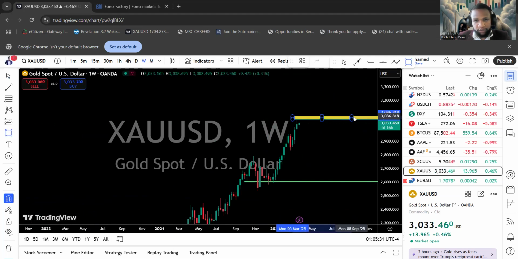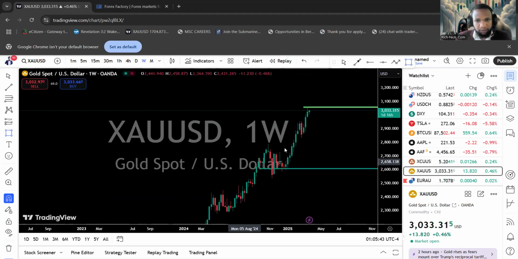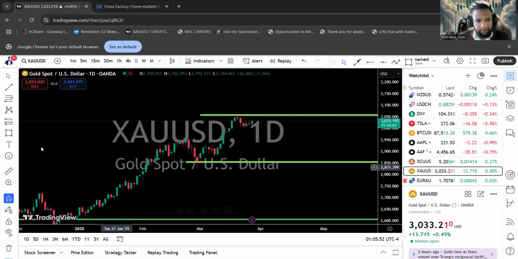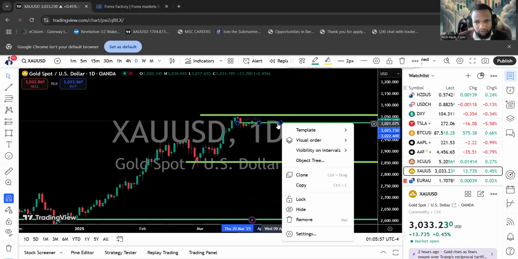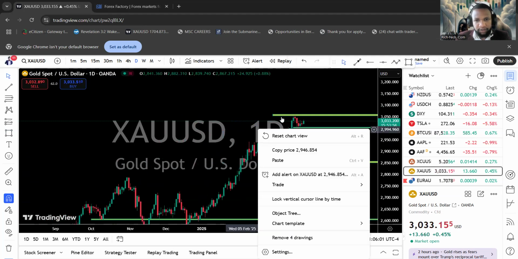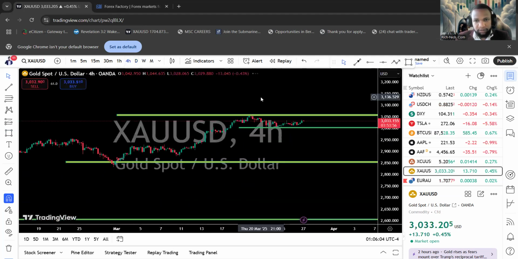Over here, weekly, we have last week's candle a bit higher than this week's candle. So far, that's how these weeks have behaved. So we will use last week's candle as the high point, and this candle as the low point on a weekly. So weekly support, weekly resistance over here. Onto the daily time frame, we're going to be using this as the daily low, and the daily high over there, still the same point.